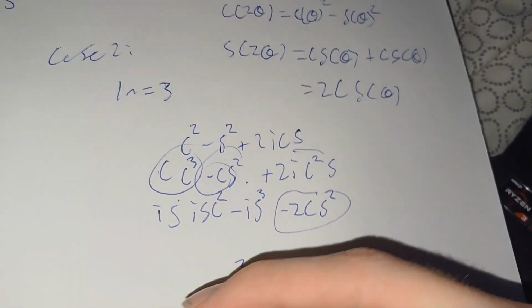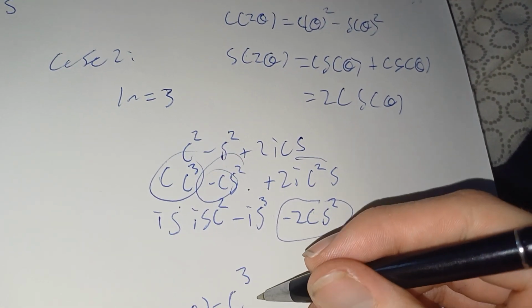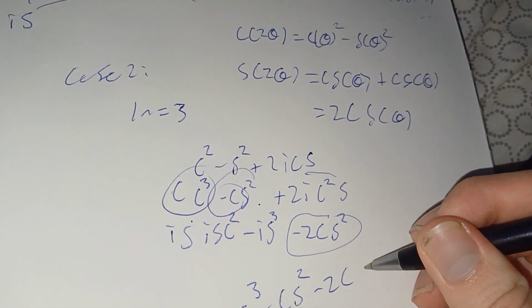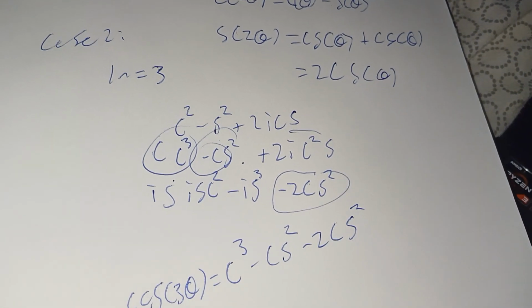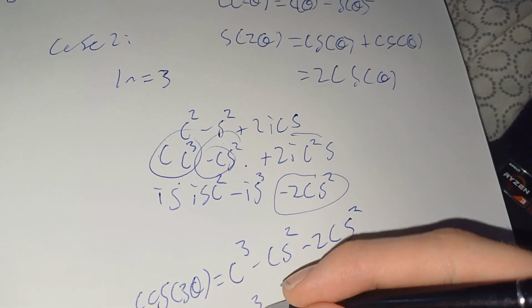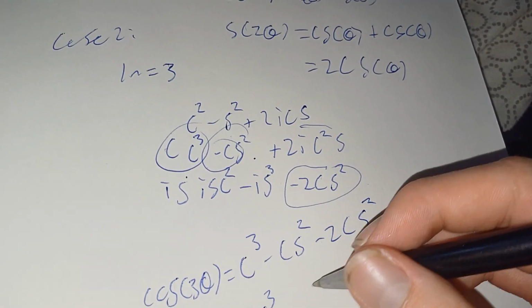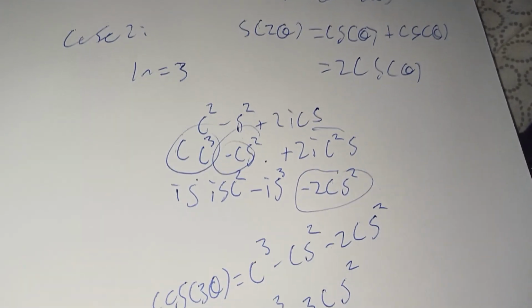So this is what we get for cosine of 3 theta: cosine cubed minus cosine sine squared minus 2 cosine sine squared, which has the same factor of sine, so we get minus 3 cosine sine squared.